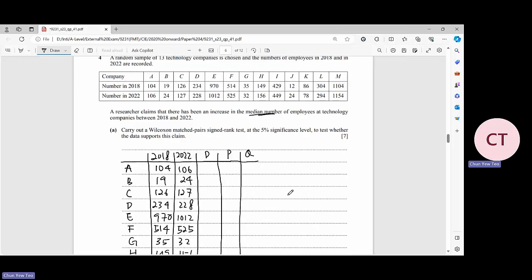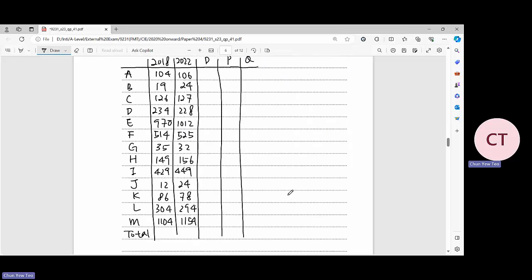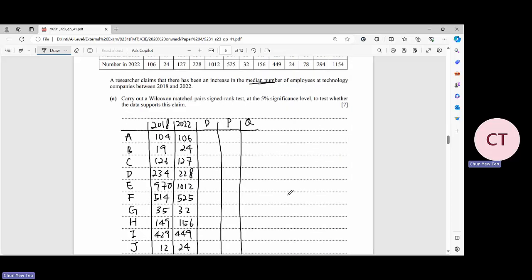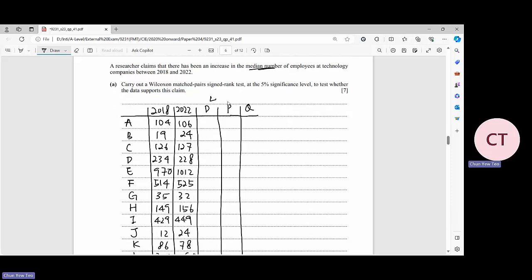Before we do the hypothesis test, we will need to fill up this table. This D is 2018 minus 2022. You can also take 2022 minus 2018, you can decide on yourself. But before that, maybe we can write down the hypothesis first.